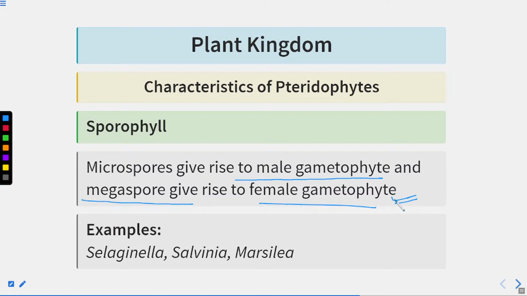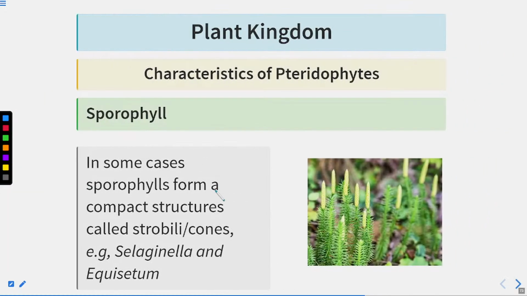The plants that bear two types of spores are called heterosporous. Selaginella, Salvinia and Marsilea are examples of pteridophytes that have two types of spores, that is microspores and megaspores.